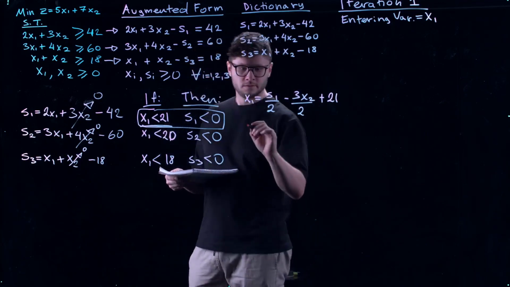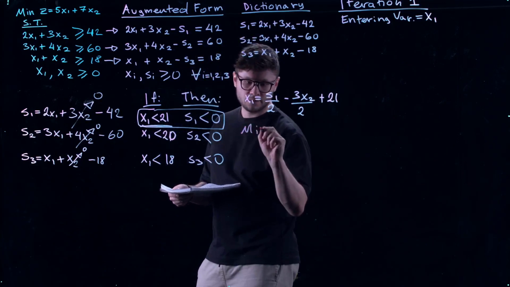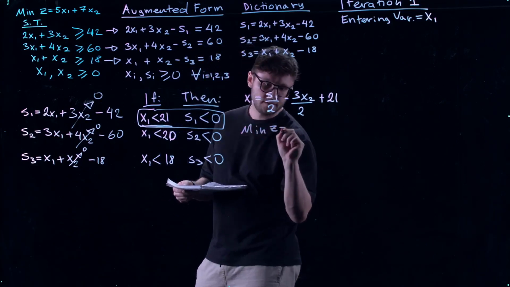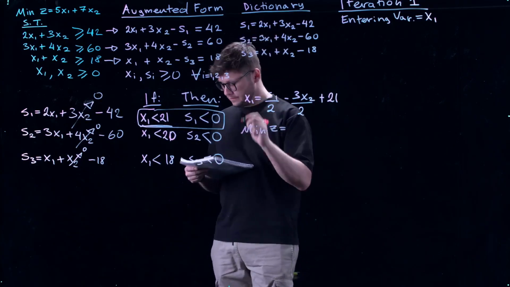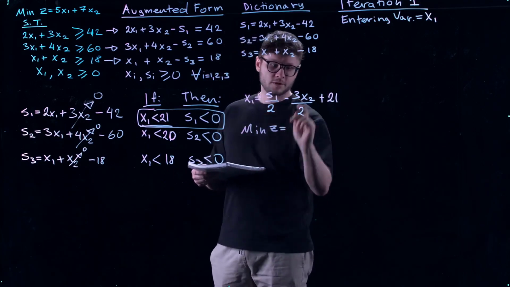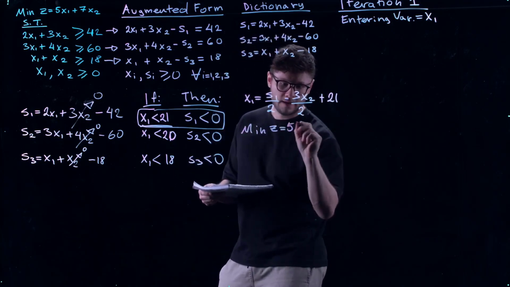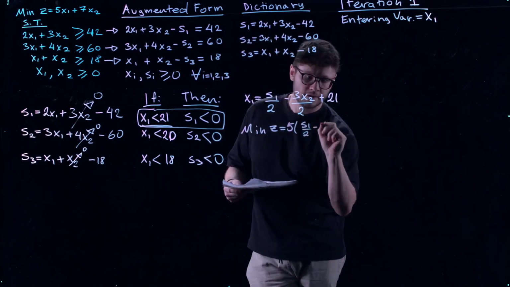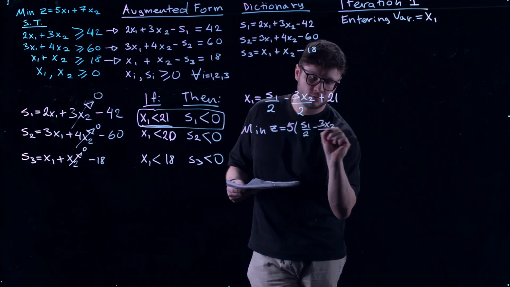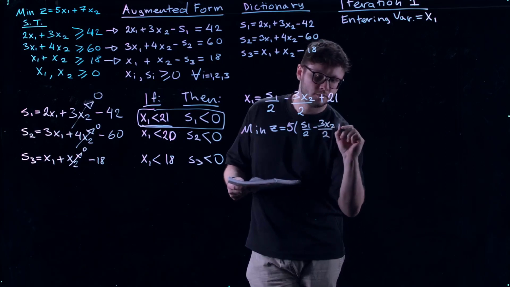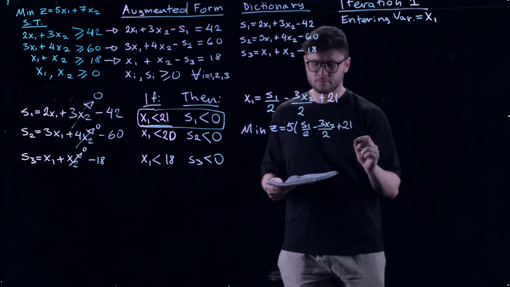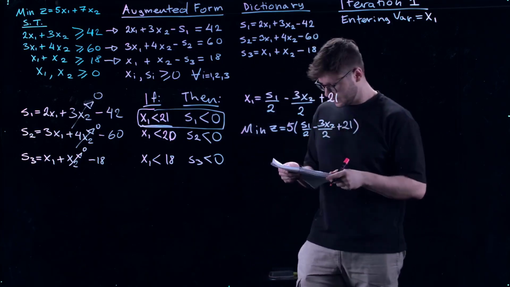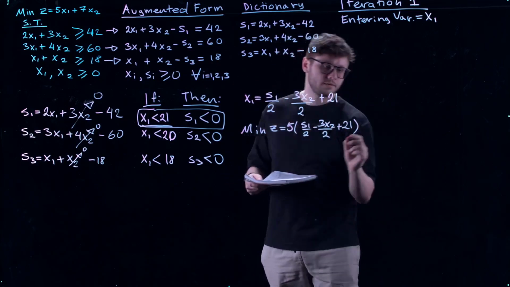So here we go. Minimization of z equals 5 times this expression for x1. So 5 times s1 over 2 minus 3x2 over 2 plus 21, plus 7x2.